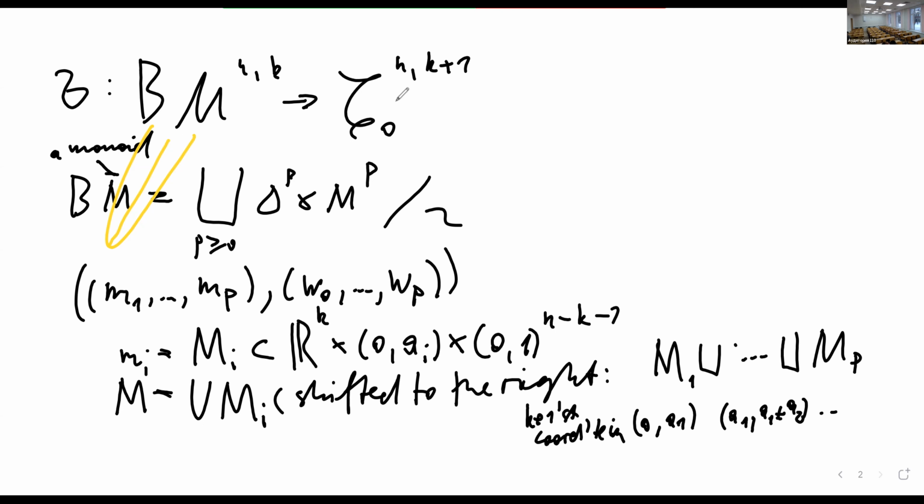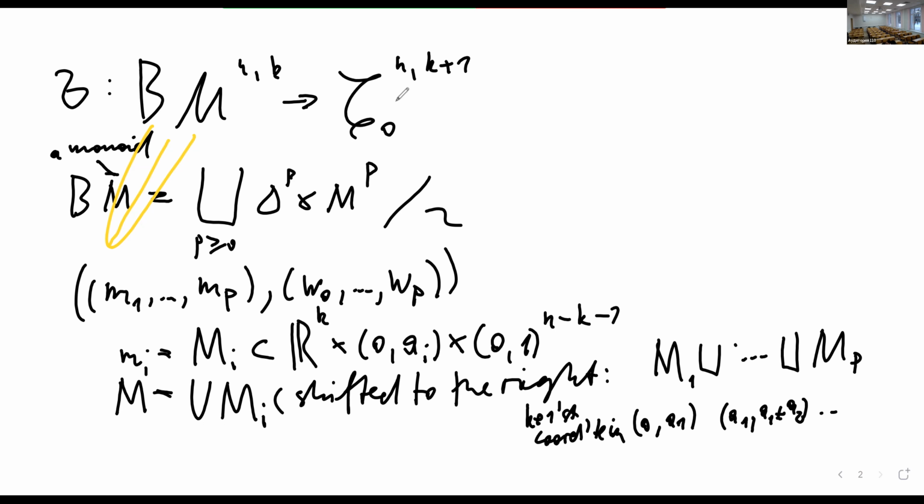Now this doesn't quite work because, first of all, the result does not involve the weights, and since we have those weights, we probably need to use them in some way or another.